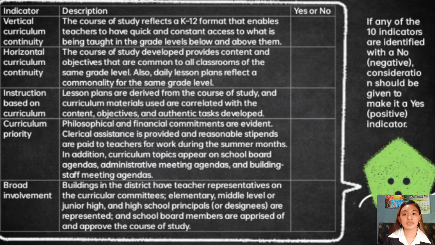The fifth indicator is broad involvement. When we say broad involvement, is there evidence that the different curriculum stakeholders in the planning and designing of the curriculum are indicated in that module or curriculum?